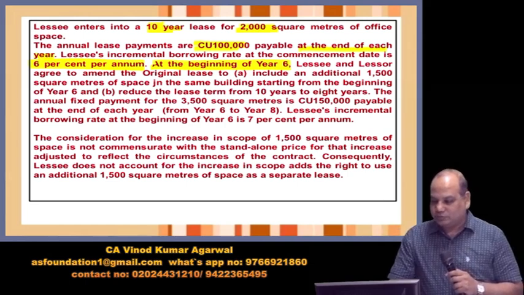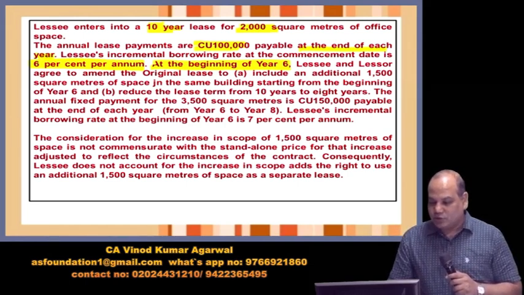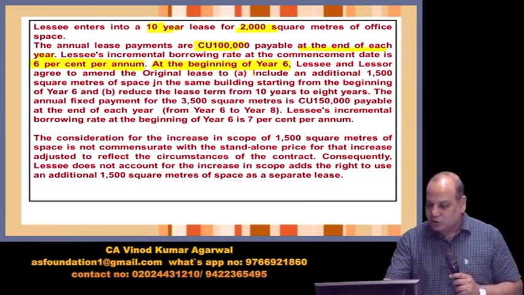That you can do. Lessee and lessor agree to amend the original lease to, now see what are the changes, include an additional 1500 square meter of space in the same building. So this increases the scope of the lease.